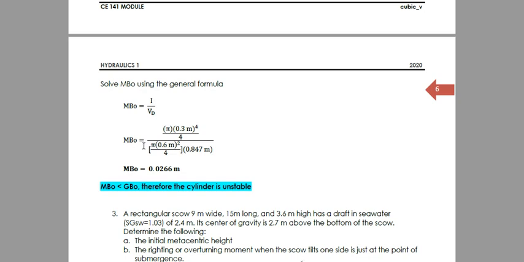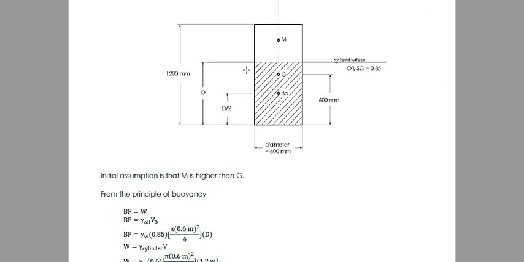All over displaced volume. So we can now solve for displaced volume since we have solved for the draft a while ago. So pi d squared over 4 times yung draft natin. Ito lang naman yung displaced volume, diba? So hindi yung L or yung total height. Ito lang yung draft.